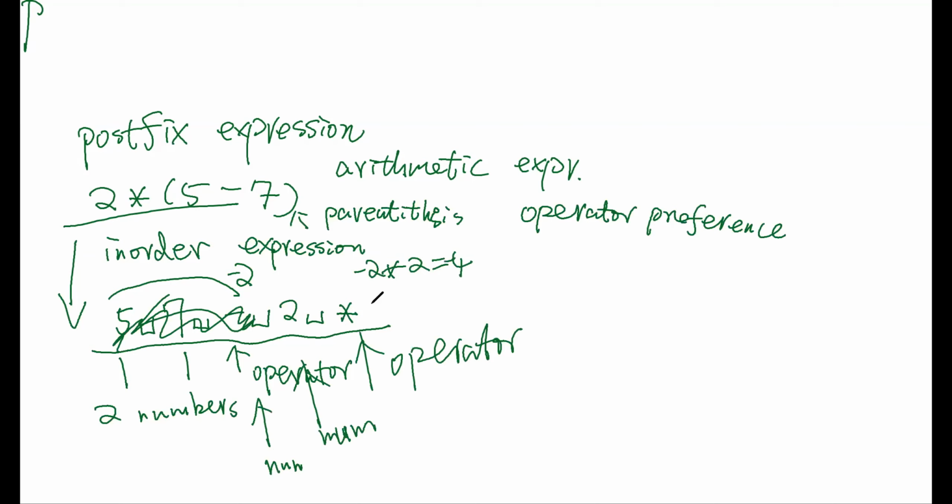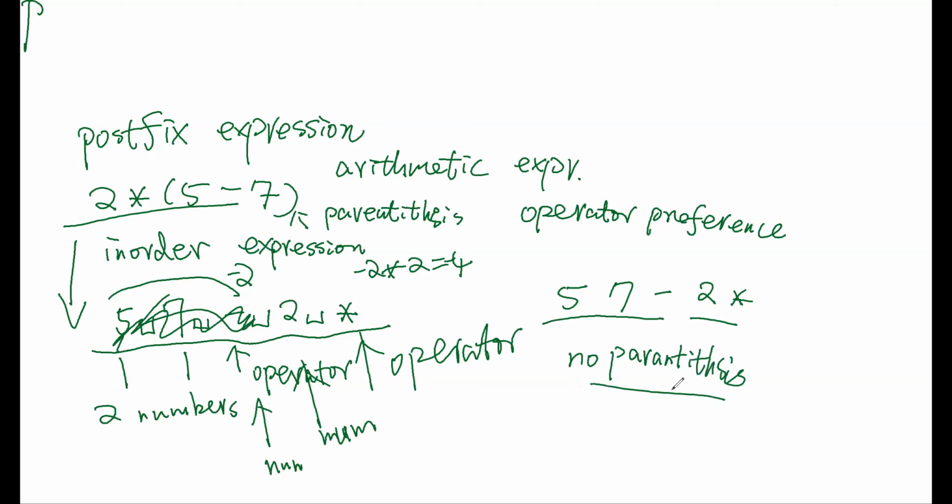So I'm going to rewrite this expression: 5, 7, minus, 2, and multiplication. In this case there is no parenthesis, and it's always an operator following 2 numbers.